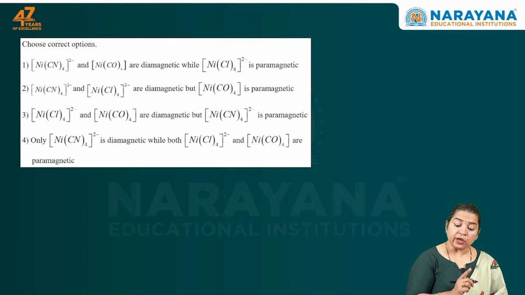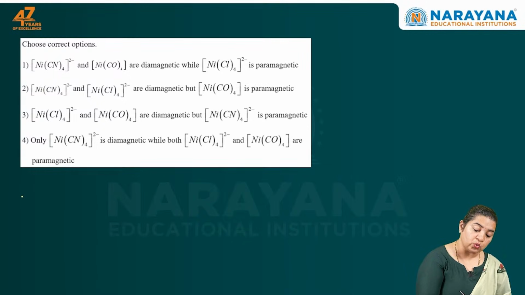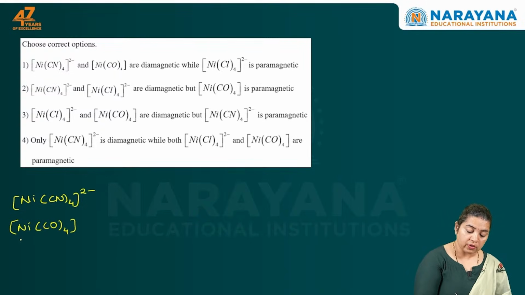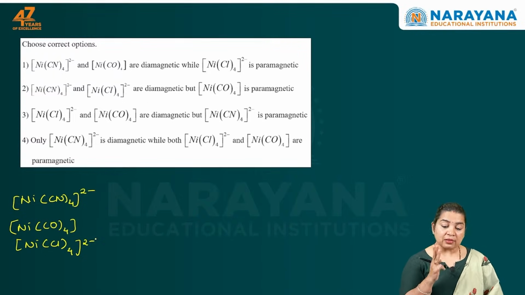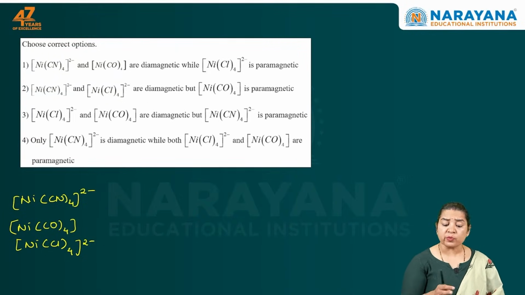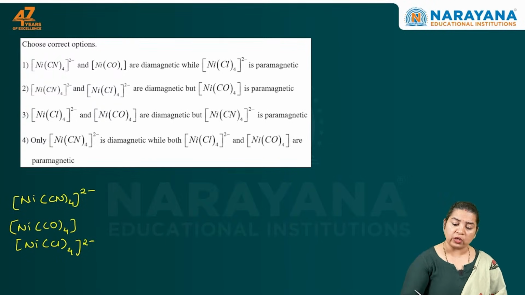In all 4 options we see the complexes used are [Ni(CN)4]2-, Ni(CO)4, and [NiCl4]2-. These 3 complexes are used, and we are asked about their diamagnetic and paramagnetic nature.